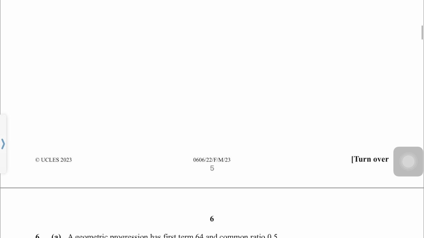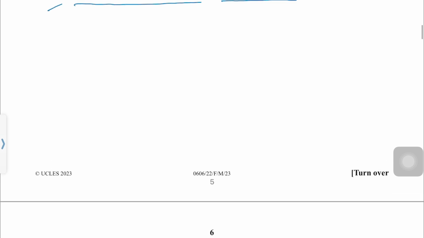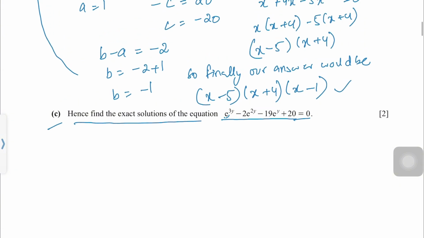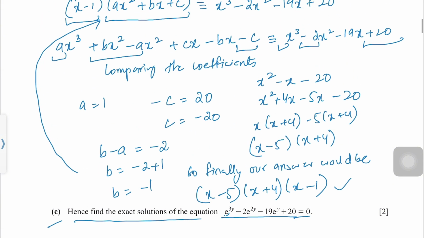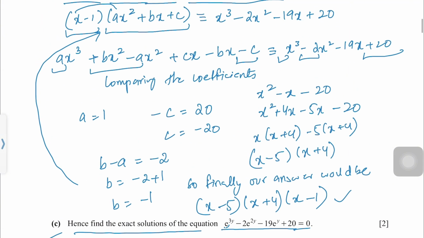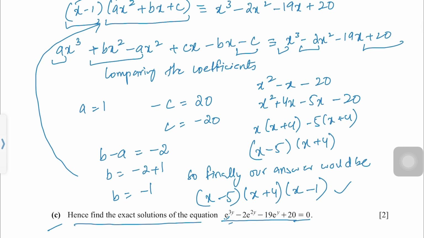Now going on to part C. Hence, find the exact solution of the equation e power 3y minus 2e power 2y minus 19e power y plus 20 equal to 0. So let's see how this equation is similar to the above equation.